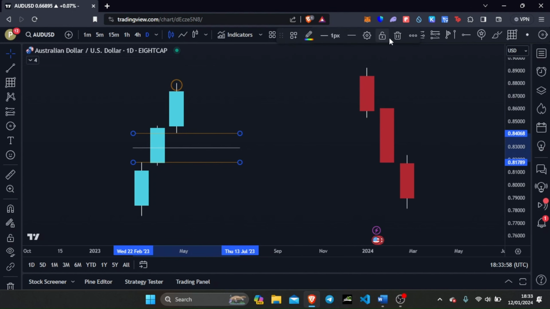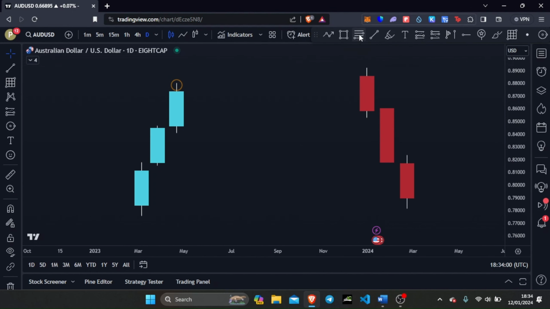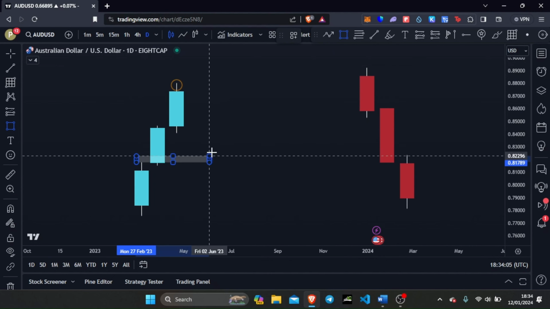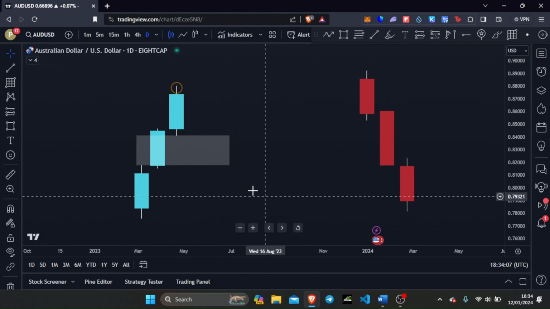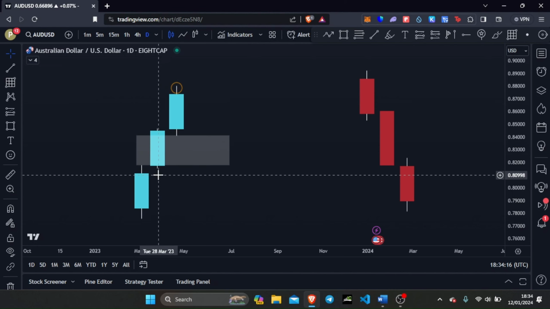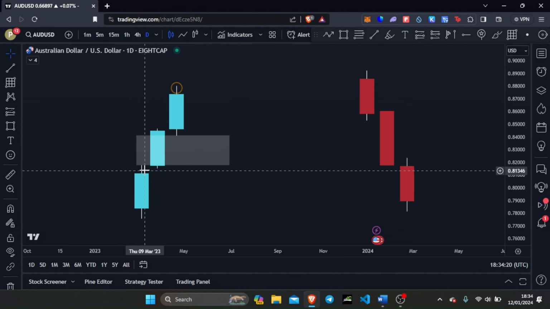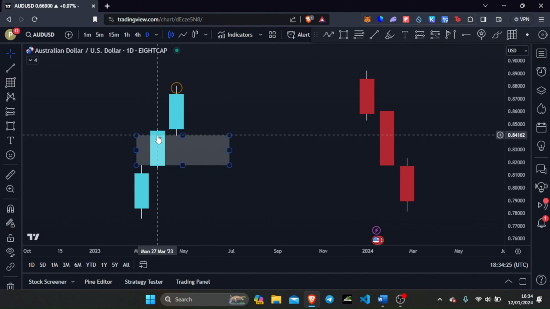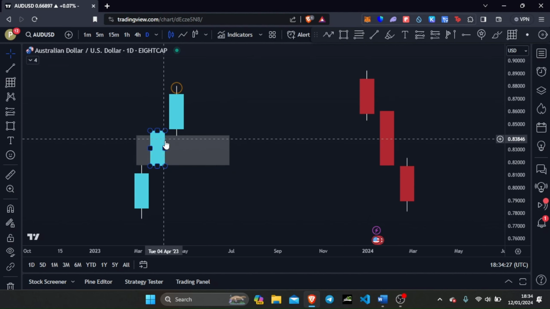So if I remove this, then the gap that we have left in between this wick and this wick, which I will mark out for you like this, this right here is the inefficiency. This is the fair value gap, and this is where a large institutional order was executed in the market, making it so that there was only buying pressure inside of this candle and no selling was offered.